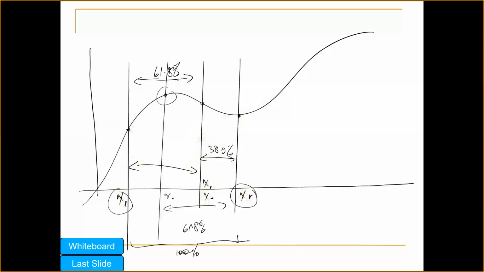Another way to look at it is, suppose, remember, you use an error criteria to say when you're done. So let's say you said I'll be done when X minus and X plus are 0.1%. Let's give you an example. A certain range. You started at 100, you're going to be cutting down. You cut down to 68%, and you cut down to 61.8%, and you take 61.8 of 61.8, and you take 61.8 of that until you reach 0.1%.